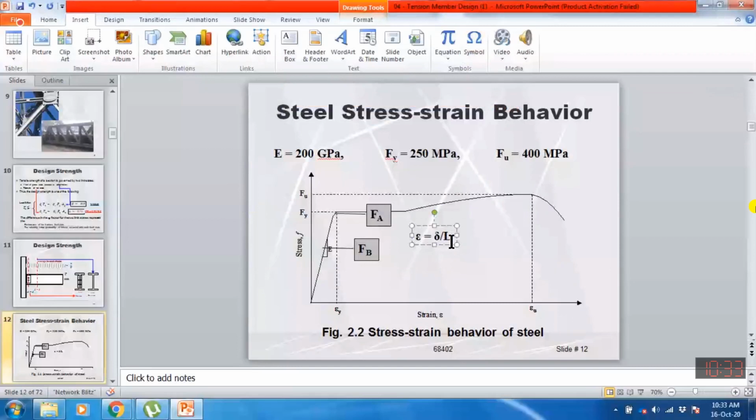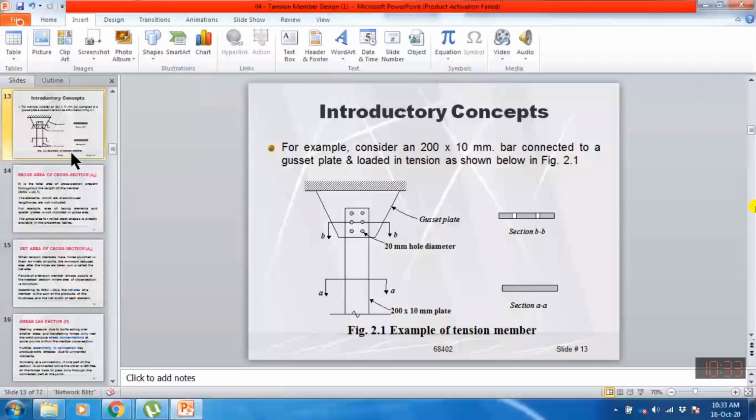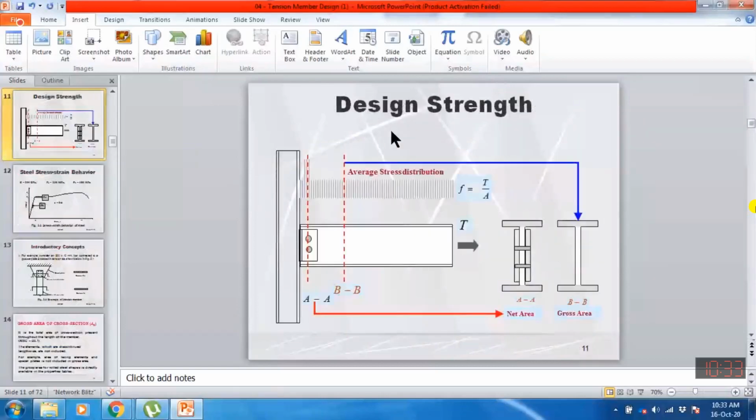Why diameter? Because in this case, if I'm writing this equation over here, this strain will be the yielding strain.